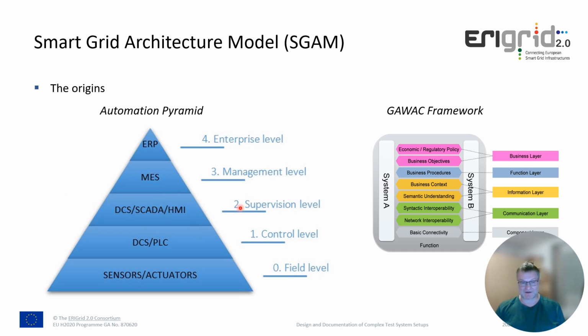Here we talk about visualization on the one hand side, but also supervisory control. And the top two levels are related to the planning. Manufacturing execution systems typically are related to the planning of the different machines and resources in the shop floor.